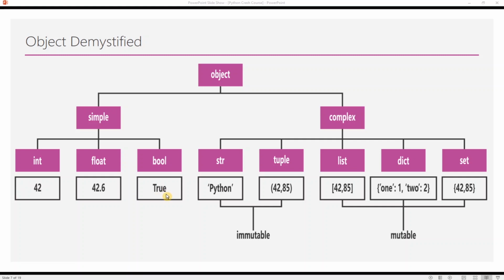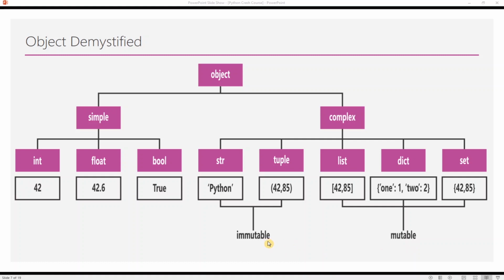Next, we have further classified the complex objects based on whether the object is mutable or immutable. Mutable means that once we store the data to the object, it can be later modified in terms of extending the collection with new elements or by removing the existing ones.